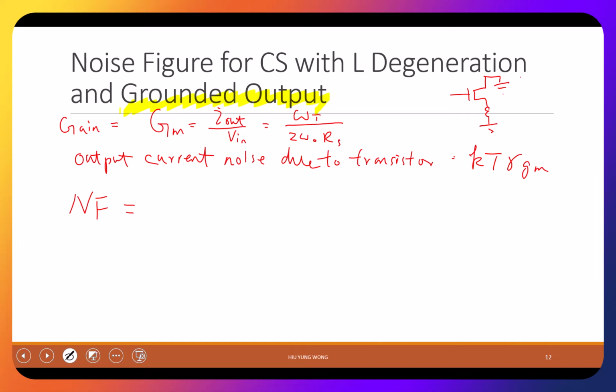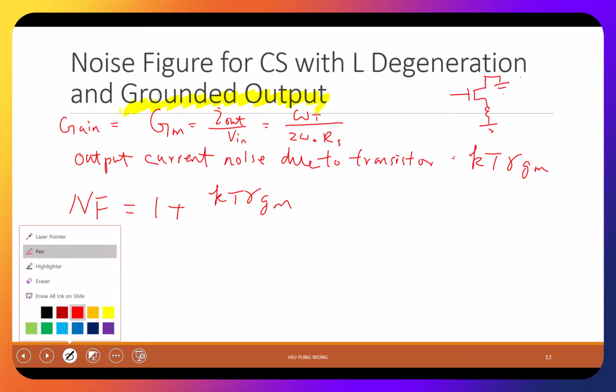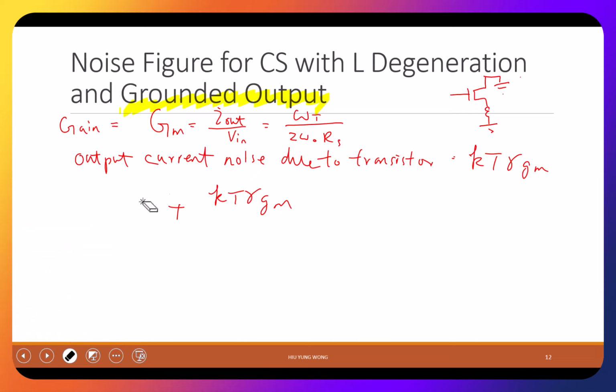And what is the noise figure? By definition, that's why you need to know, right? It's 1 plus, you can do the input refer noise first, right? Which is KT gamma GM. Why don't I do 2 steps as a hint for your exam, right? I don't need to do these 2 steps, right? So what is the input refer noise?